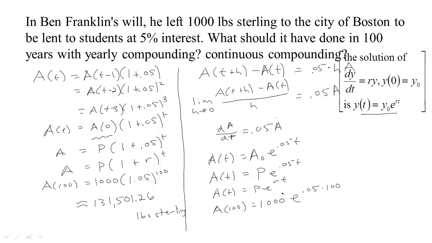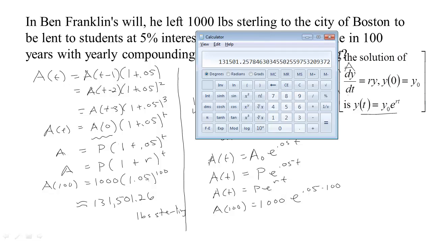On the other hand, if it was continuous compounding, we should make even more than that, because we get to earn interest on the interest. So take your 0.05 and multiply that by the number of years, which is 100. We get 5. Now I'll take e to that number. We get 148 times however much we started with. So instead of 131 times the amount, we get 148 times the amount.